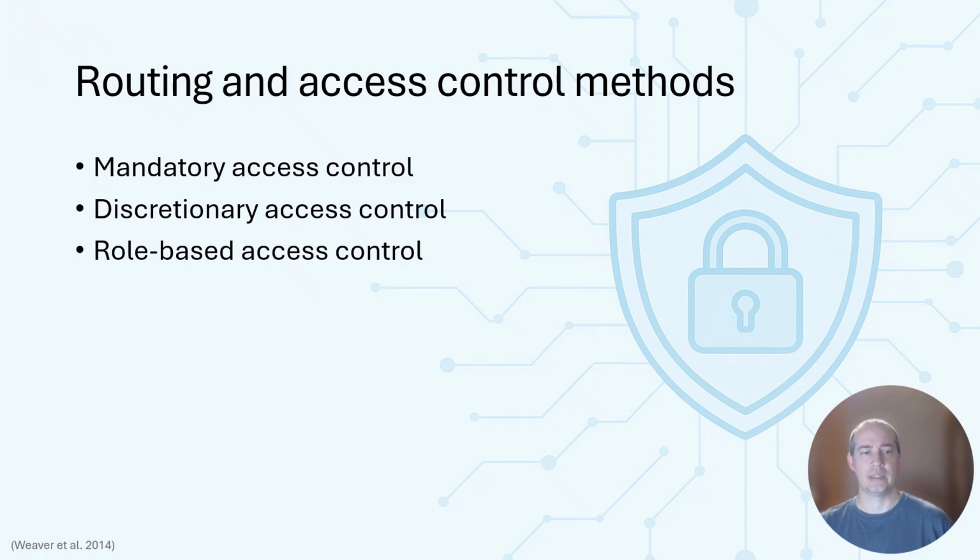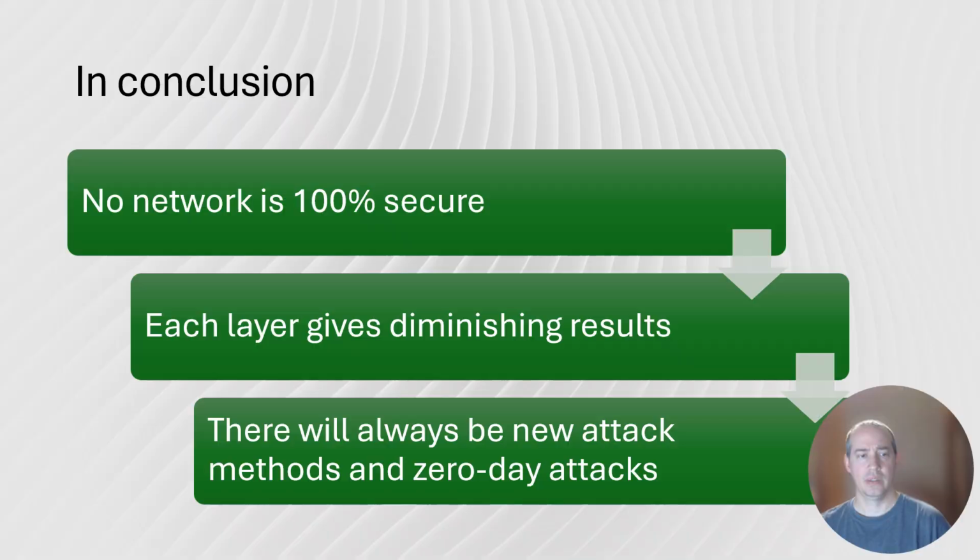Or you can use role-based access control, where access is determined based on organizational roles, job functions, and titles. Ultimately the nature of the organization would dictate which one to use. So obviously the highly sensitive data should be more restricted.